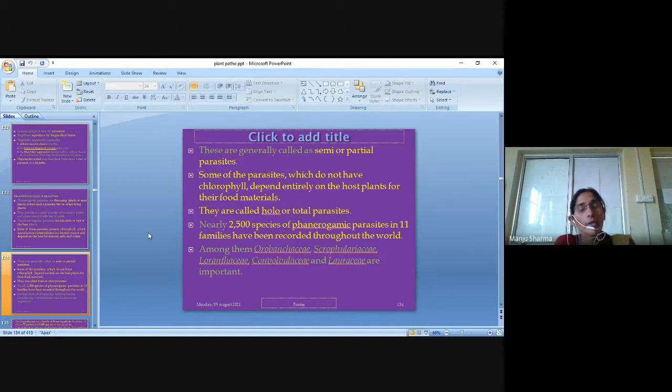The parasites which depend on the host only for some things, not entirely, are hemiparasites. Nearly 2,500 species of phanerogamic parasites in 11 families have been recorded throughout the world.